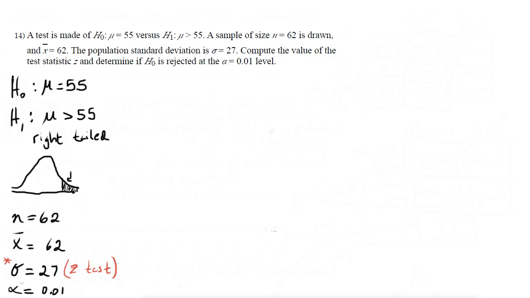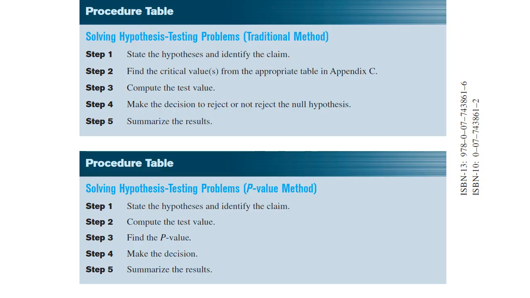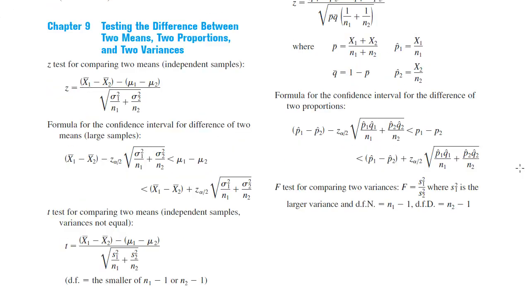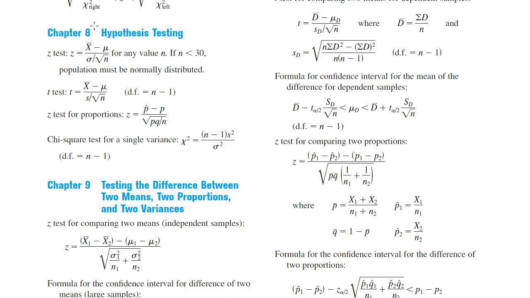Okay, and if it's a z-test, if I go back to chapter 8, we know we're using this first formula here to calculate the test statistic, to calculate the test value. Since this is a z-test, we know the population standard deviation, n is greater than or equal to 30, using this formula here, and I'm going to write that down.